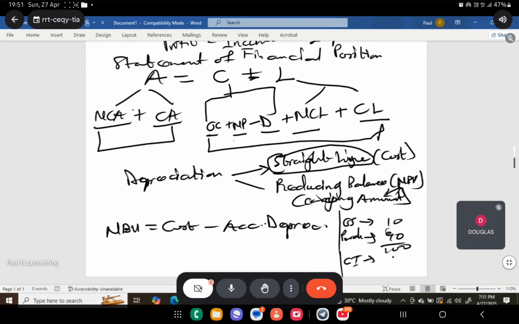So that cost you should incur. Let's say the cost of carrying the goods to your warehouse is 20 cedis. When you add it to 120, and let's say you realize that some of the goods were bad, so you returned them, let's say 15. When you return that 15, you'll be left with 105. So that return outward should also be subtracted to get the cost of goods available. All these things should be done. Do you understand?